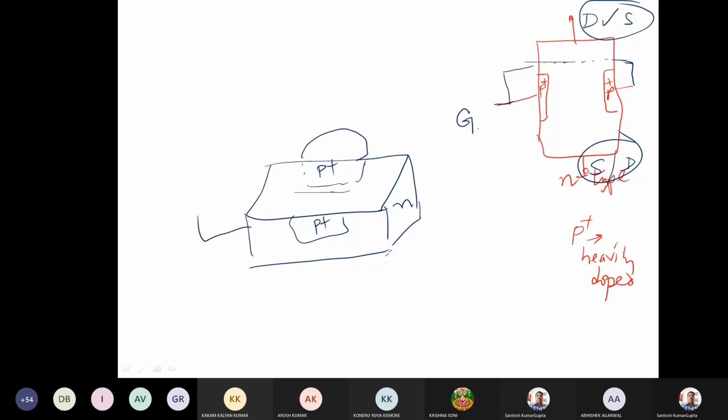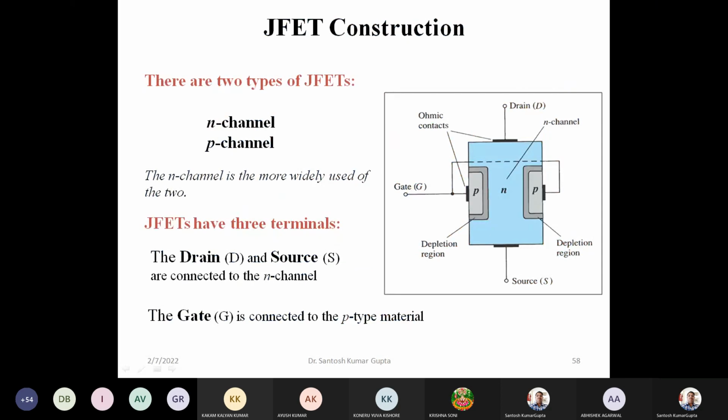So one side is drain, the other source, and these other regions are connected together like this to have the gate. So observe the three-dimensional view something like this, and the two-dimensional view can be thought of like this. This is how it looks.